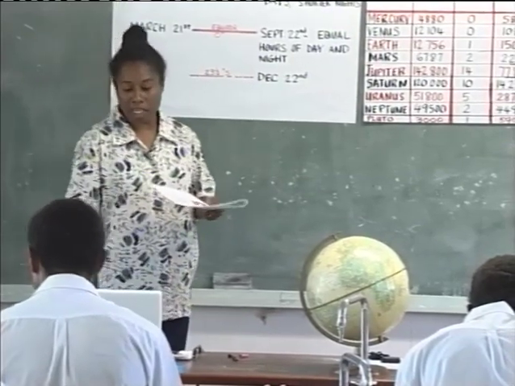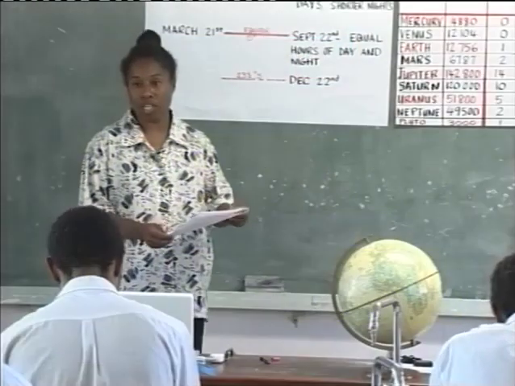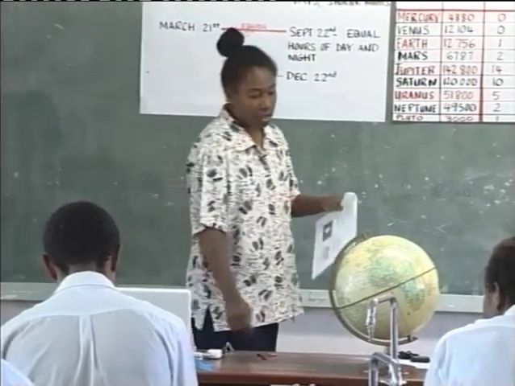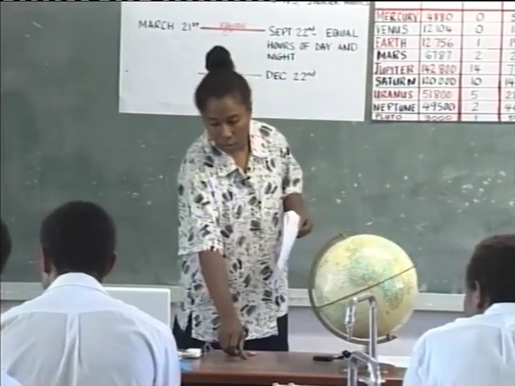Secondly, the other important effect of the movement of rotation is the difference in heating of the Earth's surface. You were asked to do a homework, and that homework was based on construction of a diagram, which should show those two effects of rotation. You double check on that diagram so that you can make corrections by looking at the information on the monitor.